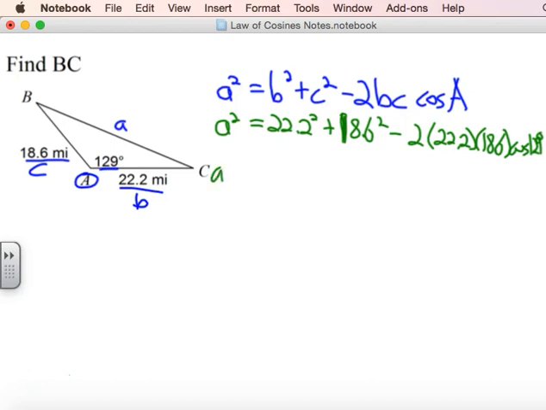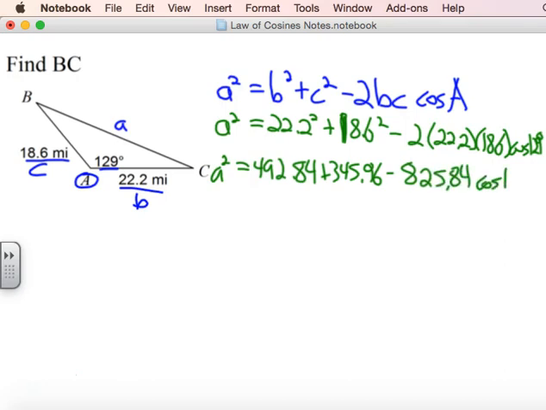Okay, so let's figure out what each of these is. It's a lot of calculator work and algebra now. 22.2 squared is 492.84. 18.6 squared is 345.96. And then we've got 2 times 22.2 times 18.6, and you get 825.84 times the cosine of 129 degrees.